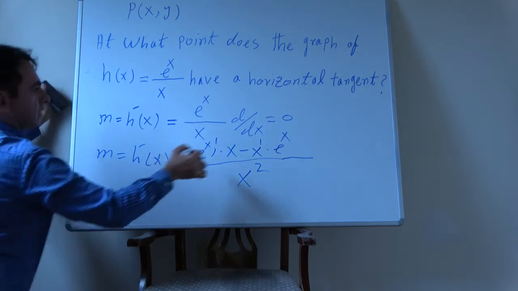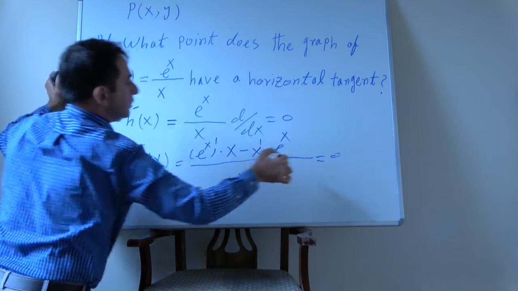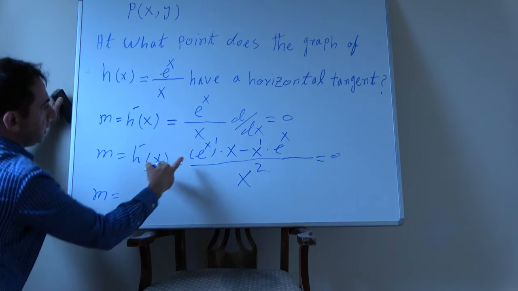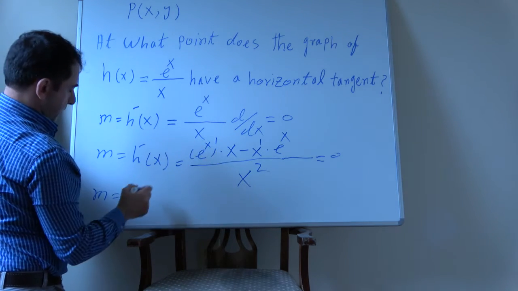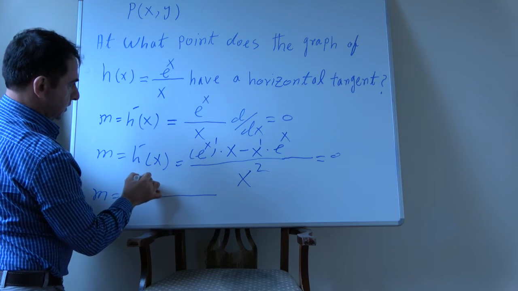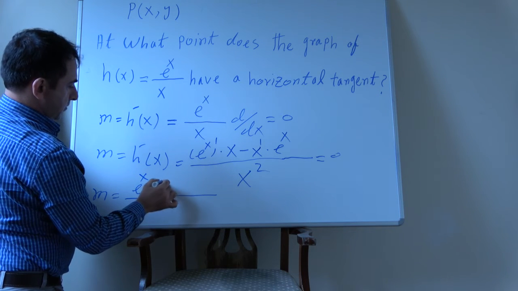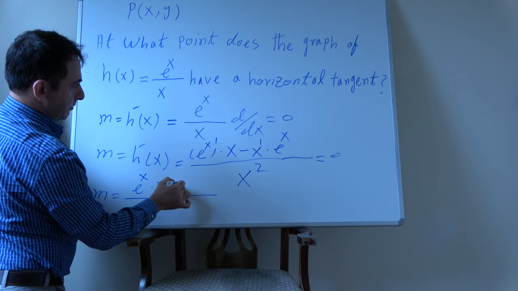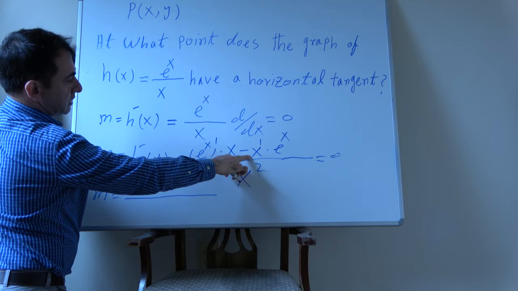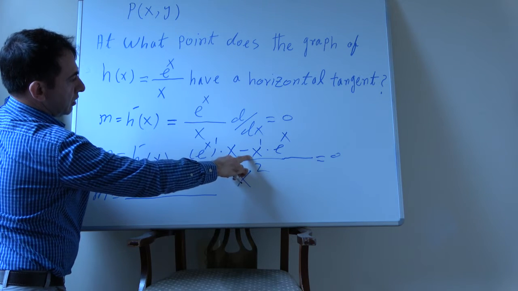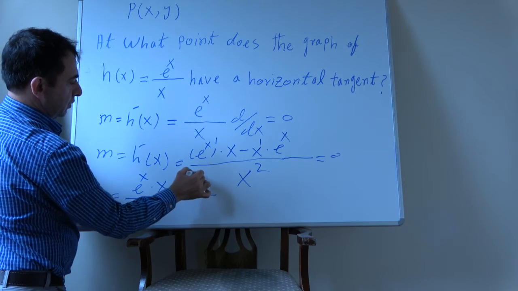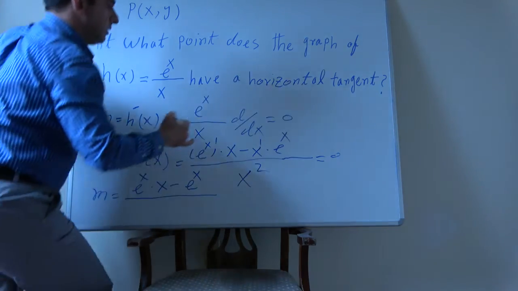That's the quotient rule. So m equals 0. The derivative of e to the power of x is the same thing, e to the power of x, multiplied by x, minus the derivative of x, which is 1. 1 multiplied by e to the power of x.